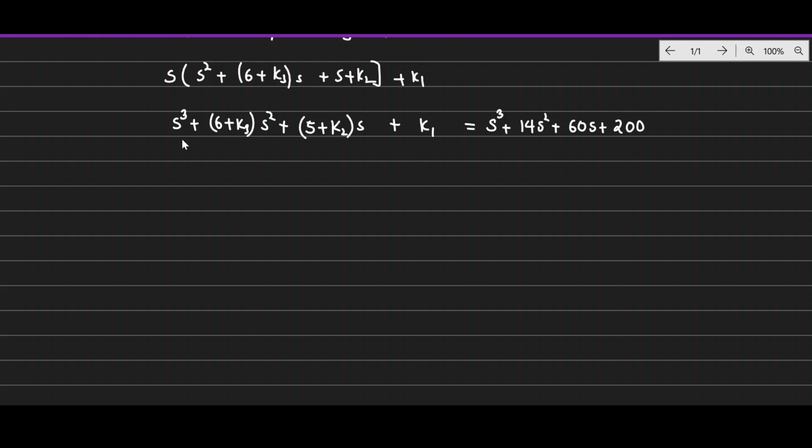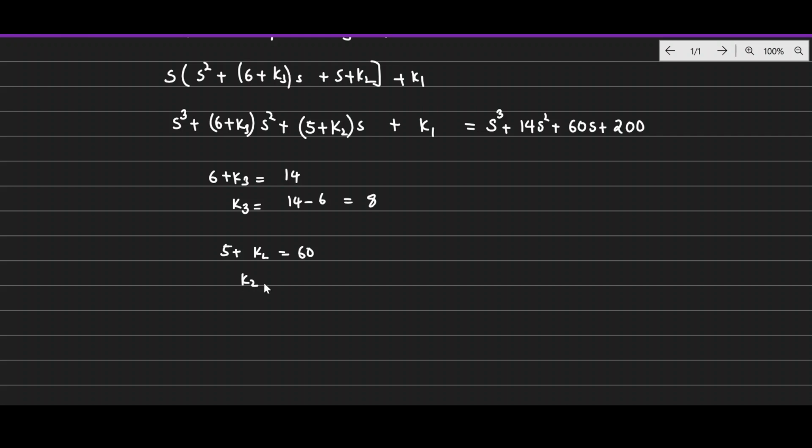Now just compare. The coefficient of s squared on this side and the coefficient of s squared on the other side, compare them. So 6 plus k3 is equal to 14. If you solve for k3, k3 will be equal to 14 minus 6, that is 8. So that's k3. And then 5 plus k2 equals the coefficient of s there, which is 60, right?